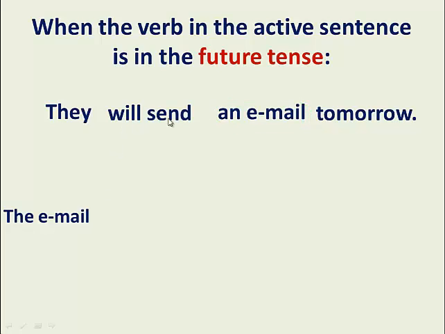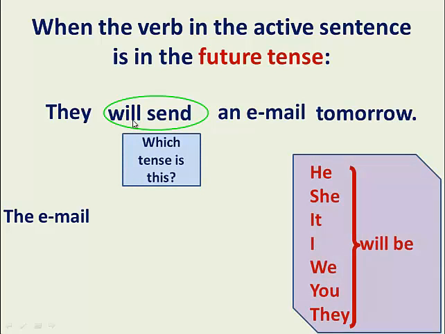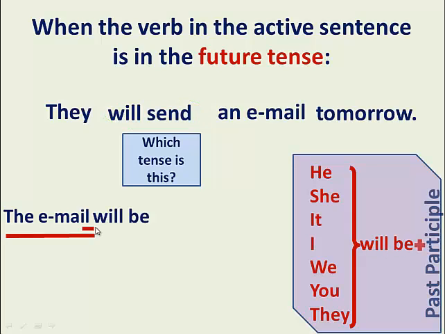Notice that it is in the future tense, and when changed into the passive voice, with all pronouns, we use will followed by be. The email will be, and then the past participle of the verb send: the email will be sent tomorrow.